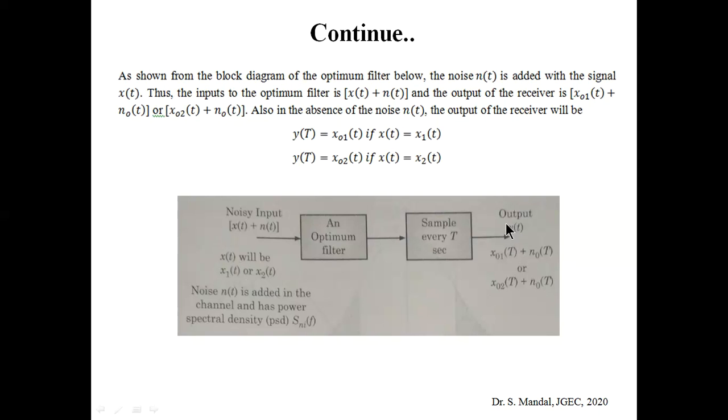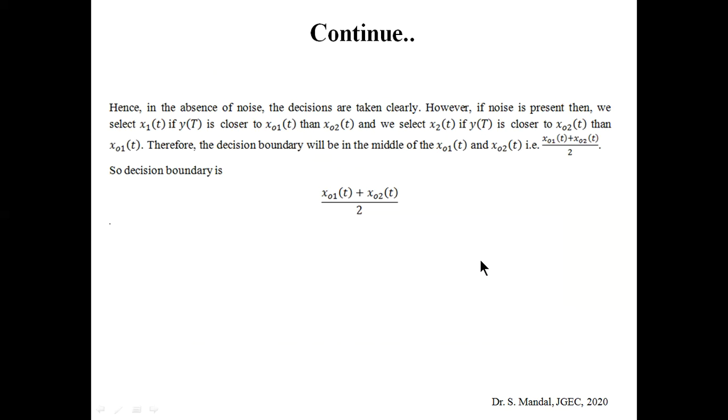And when the output of the optimum filter y(t) is closer to x01t, then the decision will be that the received signal is x1t, or the received signal is 1. Okay, so depending on this value, the decision must be taken.